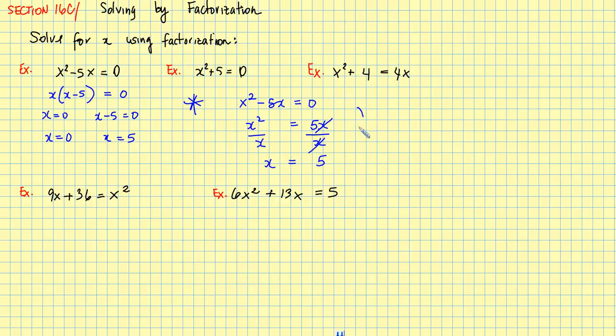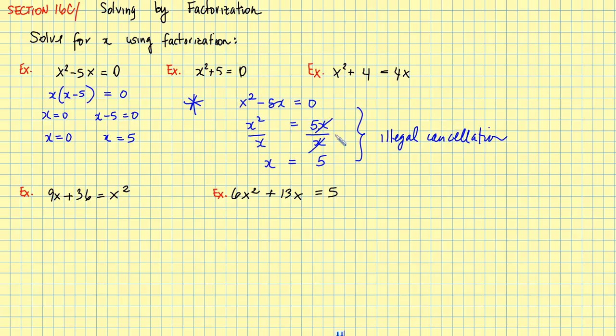This is going to be called illegal cancellation, because in order to be able to isolate for x, all the x values have to be brought over to one side of the equation. I cannot cancel out just by saying divide one side by x, divide another side by x. Everything must be brought over to one side so that I have x squared minus 5x. Then I remove a common factor, and then from there I can use the null factor law.